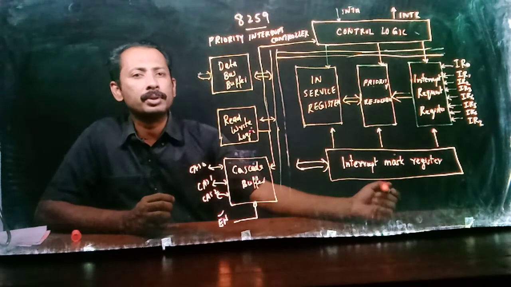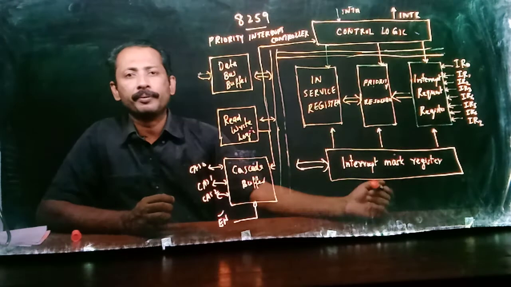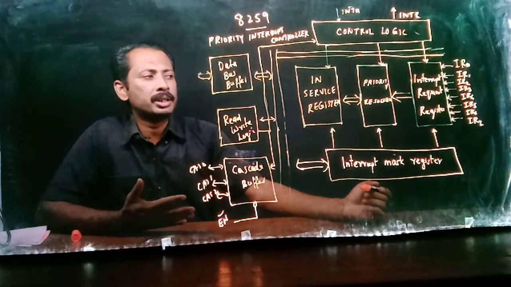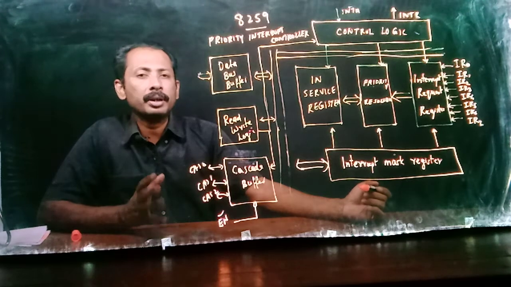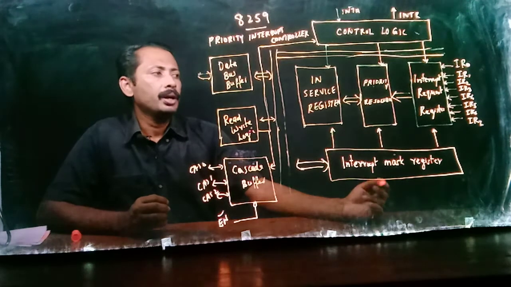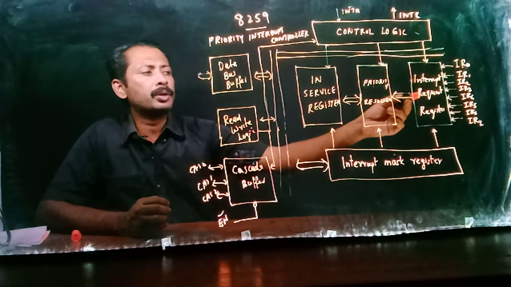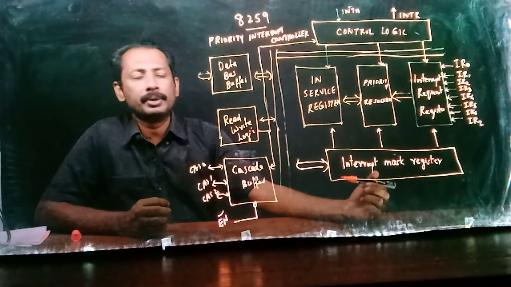The interrupt request register has 8 inputs from IR0 to IR7. So IR0, IR1, IR2, IR3, etc. We have 8 interrupt request pins, and the function of this interrupt request register is to accept interrupts.